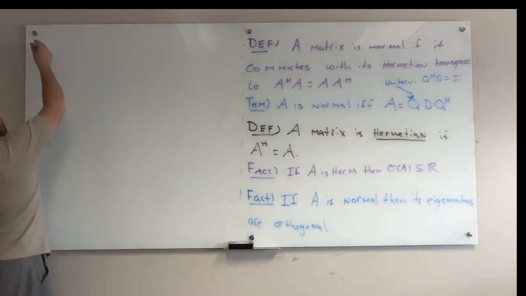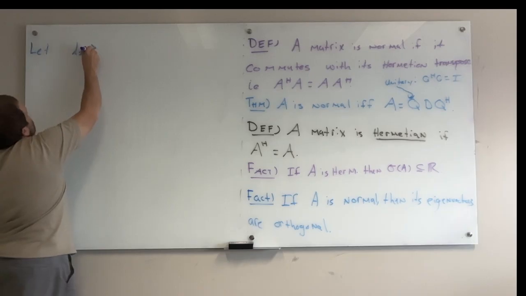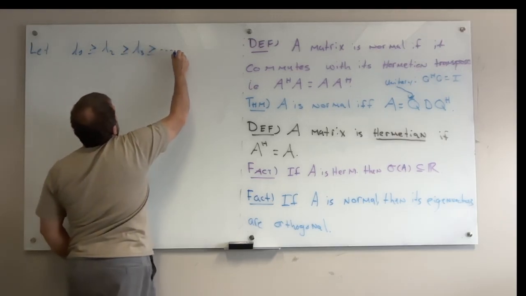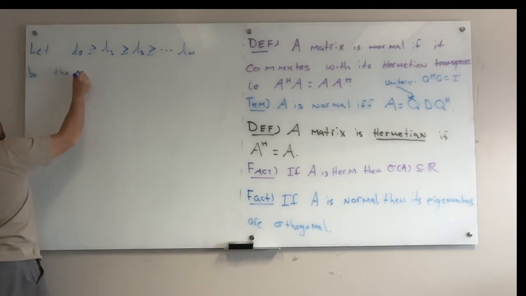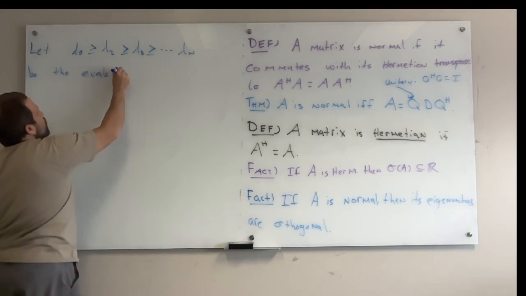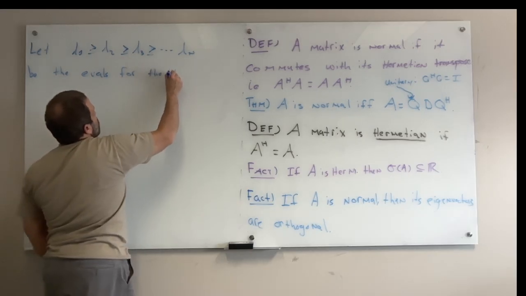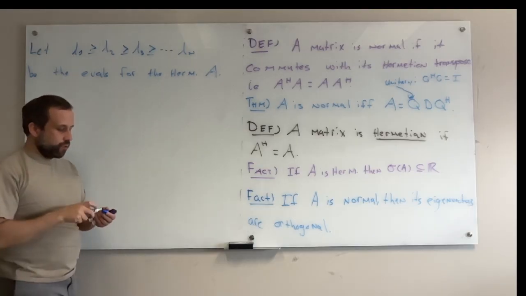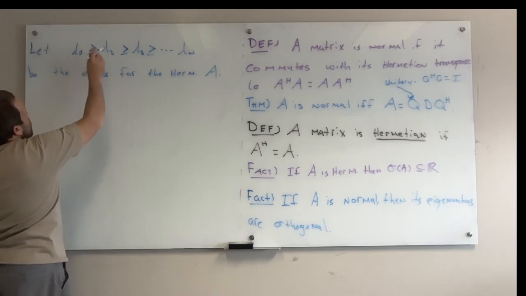Okay, so let lambda_1 greater than or equal to lambda_2 greater than or equal to lambda_3 greater than or equal to ... greater than or equal to lambda_n be the eigenvalues for the Hermitian matrix A. In other words, A is a Hermitian matrix, and we are ordering the eigenvalues in non-increasing order.